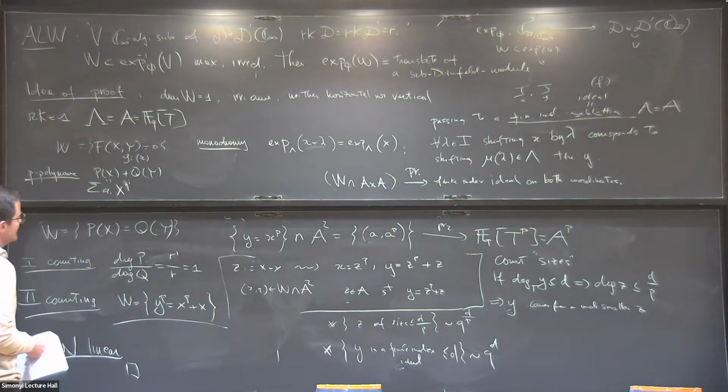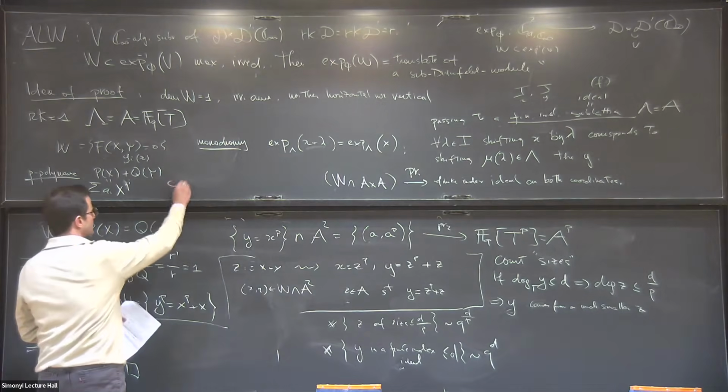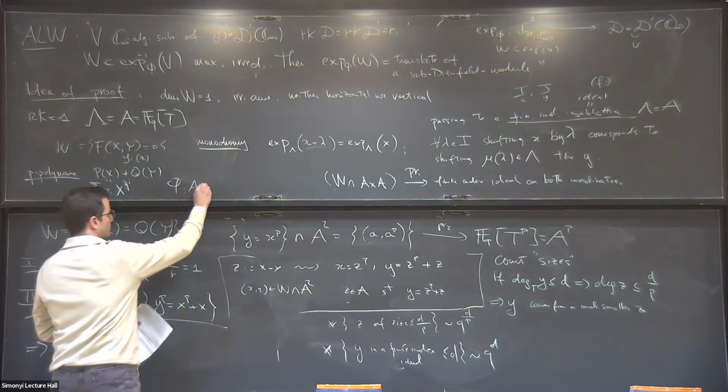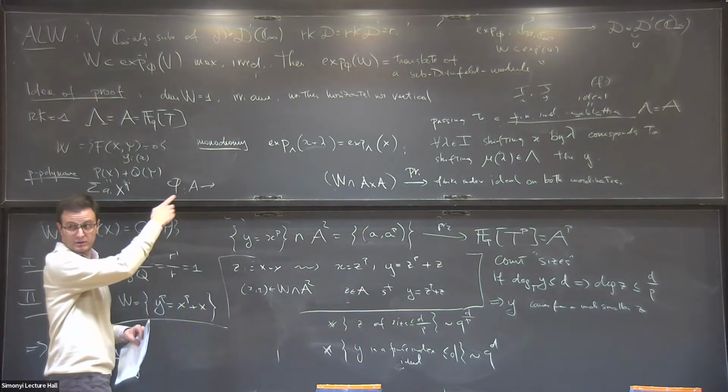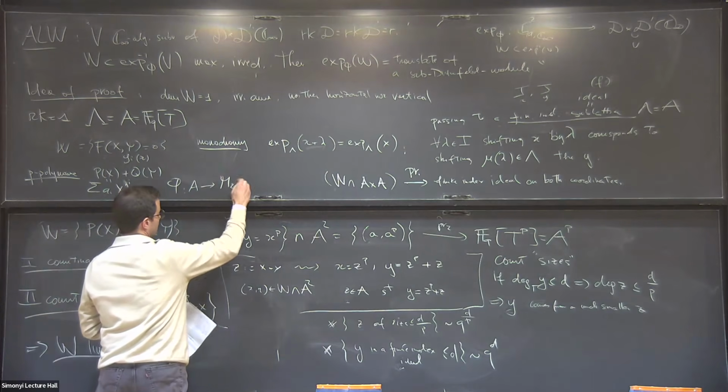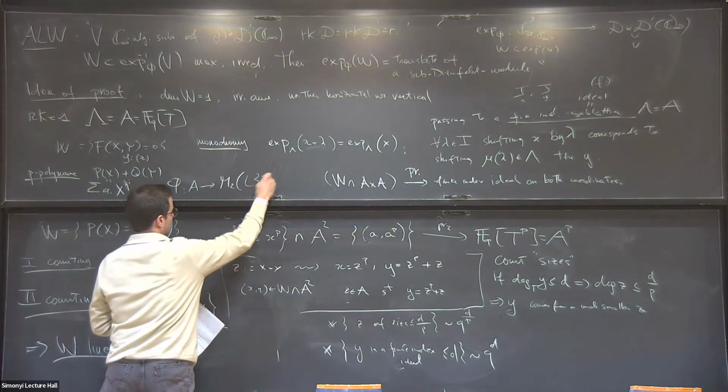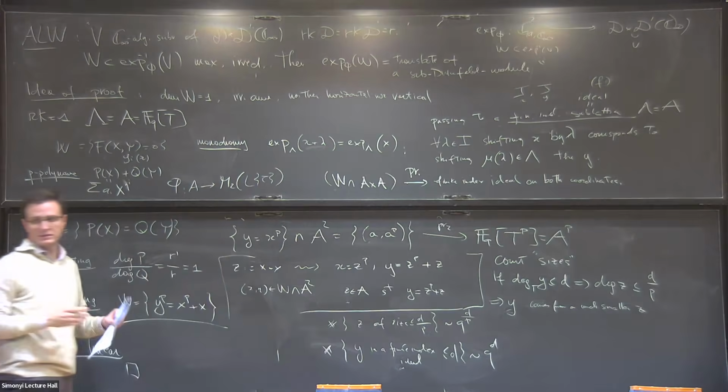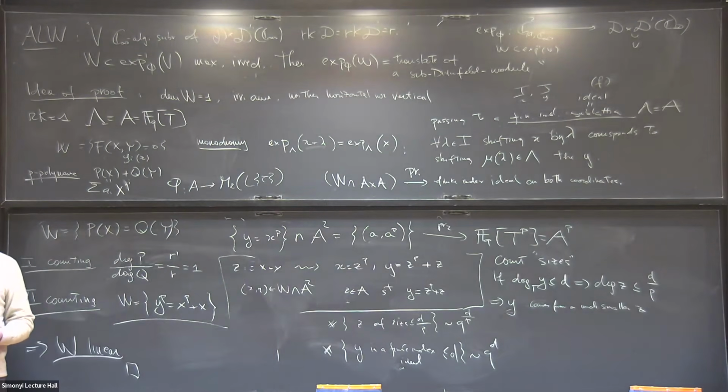Because here the phi that they wrote goes from A to 2 by 2 matrices, so this is just the diagonal case, while what we were saying would be a more complicated picture. But that would be a more natural object to embed your Drinfeld module in, in my opinion.